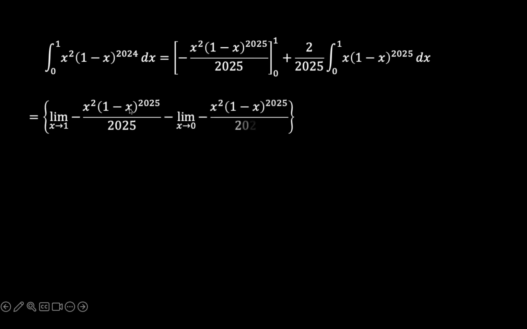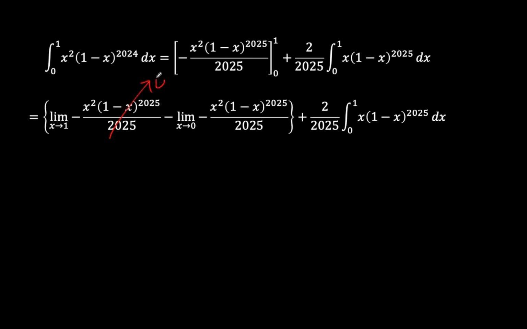Now, when x tends to 1, 1 minus 1 is 0, so this part goes to 0. And when x tends to 0, since this goes to 0, this entire part also goes to 0, right? So we're left with the integral of 2 over 2025 times x times 1 minus x to the power 2025, right?